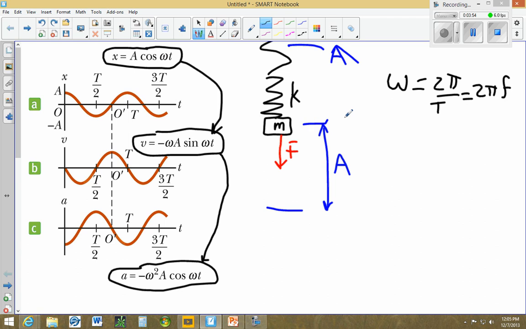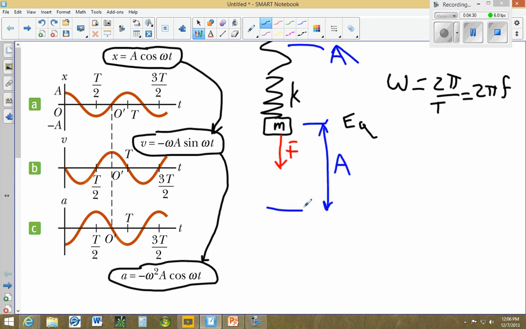So when this thing comes back to its equilibrium position, and this isn't really the symbol for it, but we'll call this EQ for equilibrium, then it's moving the fastest right here. When it's at equilibrium, it's got the largest velocity, and there is no force and no acceleration.